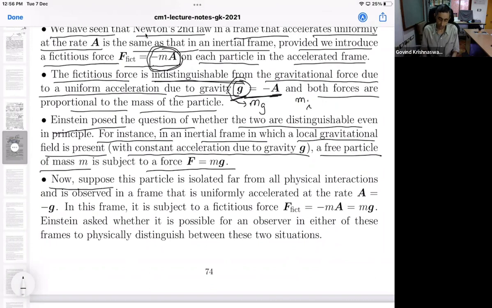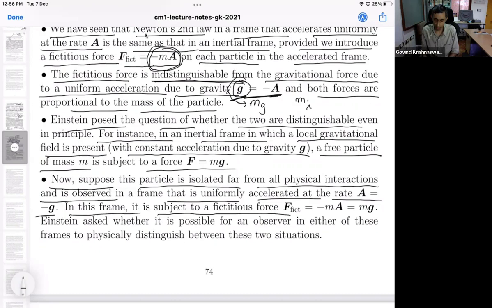Now suppose a particle is isolated far from all physical interactions, so that we can call it a free particle, and it is observed in a frame that is uniformly accelerated at the rate a equal to minus g. Then in this frame, the particle is subject to a fictitious force minus ma, which is also equal to mg.